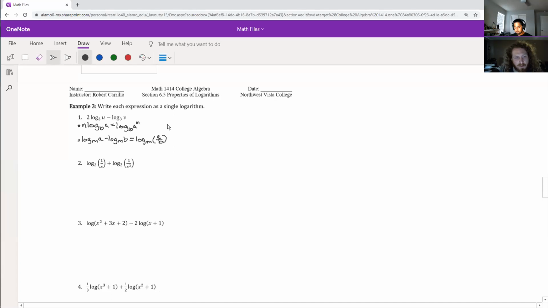So I'm going to put these two together. 2 log base 3 of u minus log base 3 of v will equal log base 3 of u squared minus log base 3 of v, and that will equal log base 3 of u squared divided by v.